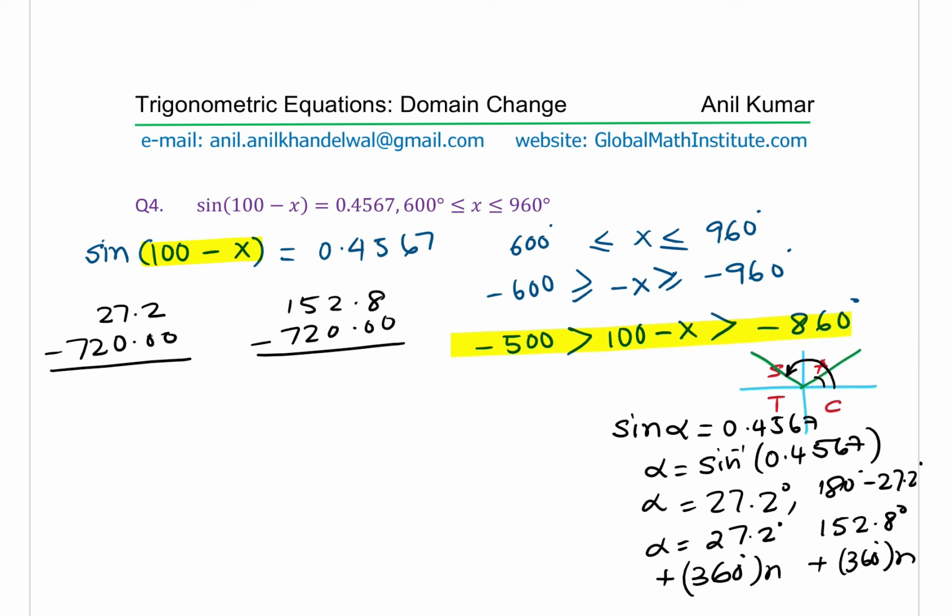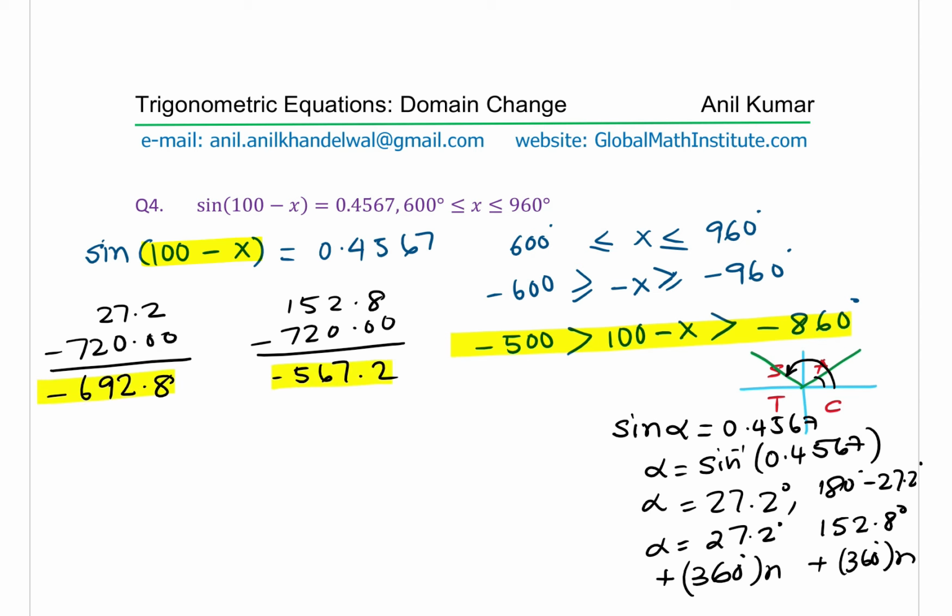So let's do it. If I take away 720, what do we get? Here we get minus 567.2, and on the other side we have 27.2, and we are taking away 720. We get minus 692.8, right? So those two values which we get are actually within the expected domain.